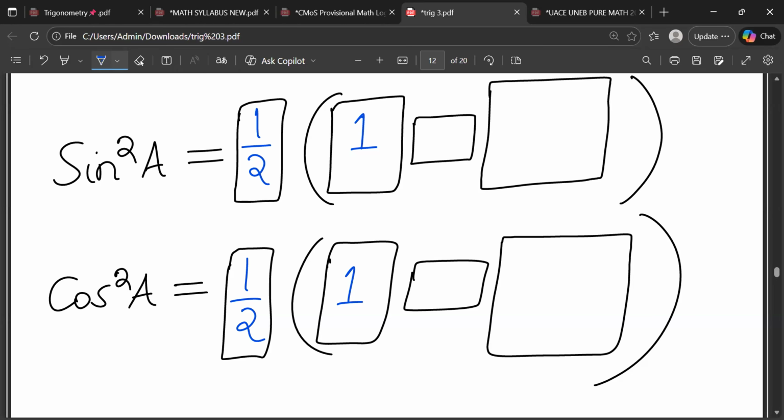Okay, for the last one, it's going to be cos 2A. Why 2A? Because we are now doubling it. Because we double the angle in half angle. Then what next?